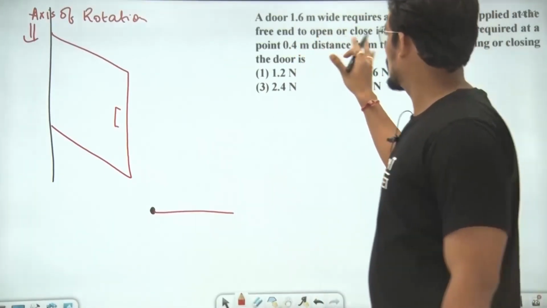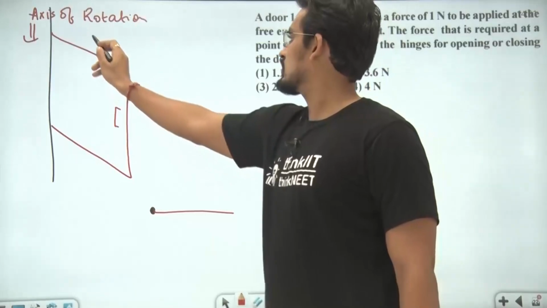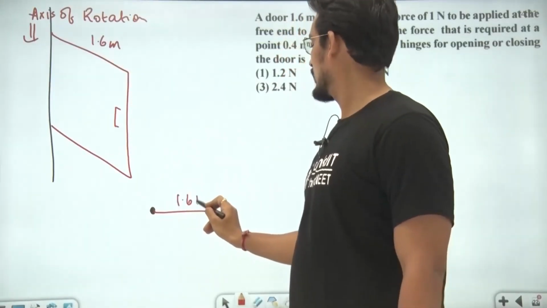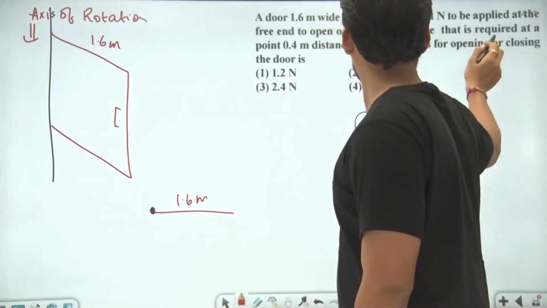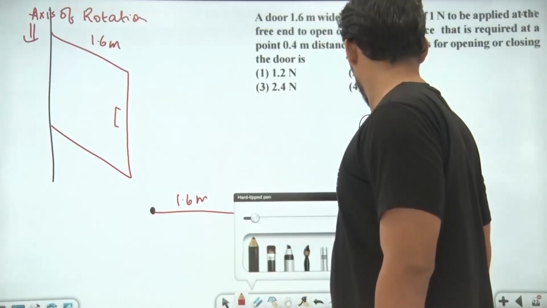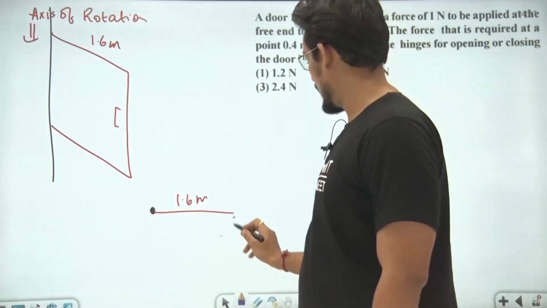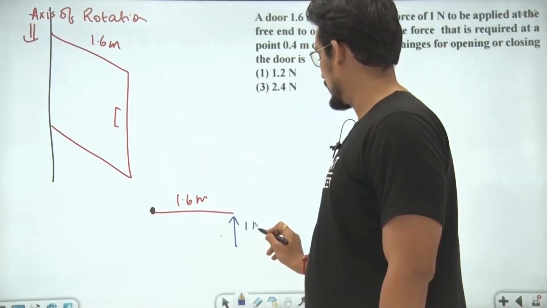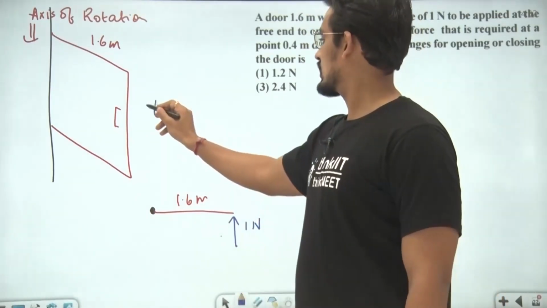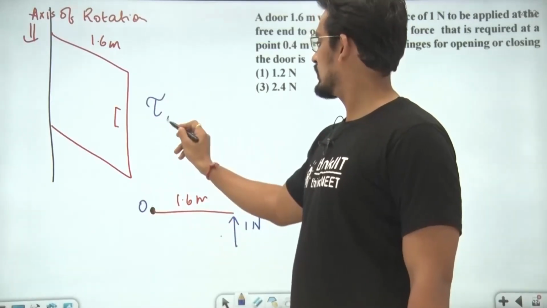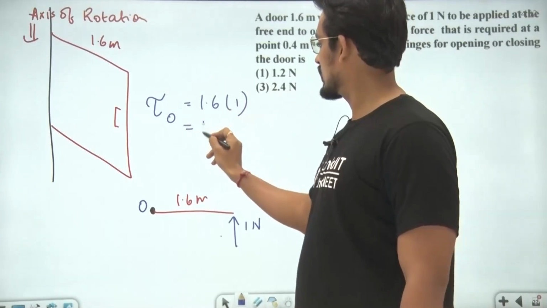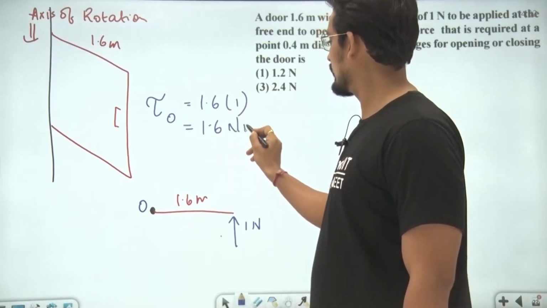Now the door is 1.6 meter wide, so the length of this door is 1.6 meter, and the question says that a force of 1 Newton is to be applied at the free end to open it, right? So if I talk about the force at the free end, it is 1 Newton. Okay, so this torque opens the door. So torque about point O, which opens the door, is 1.6 into 1, which gives me 1.6 Newton meter.